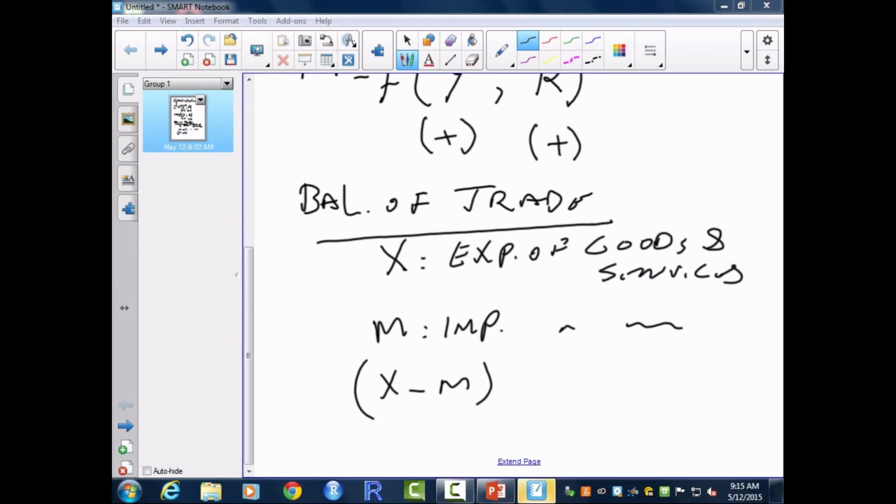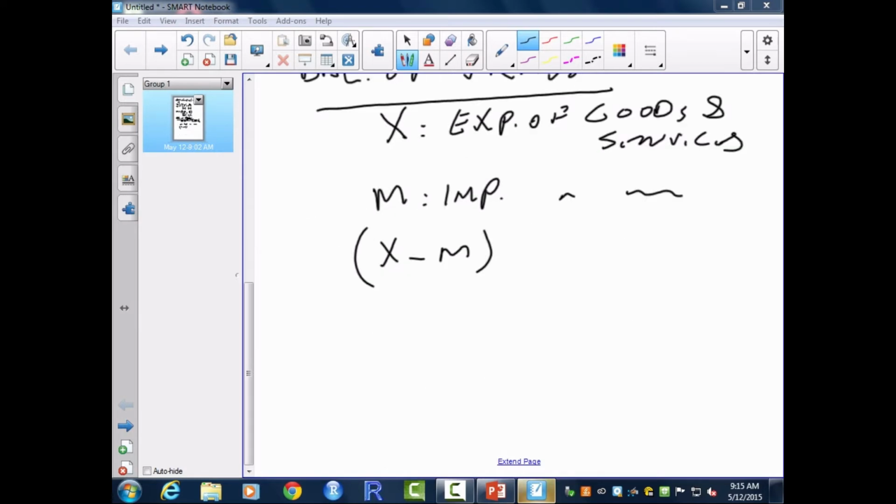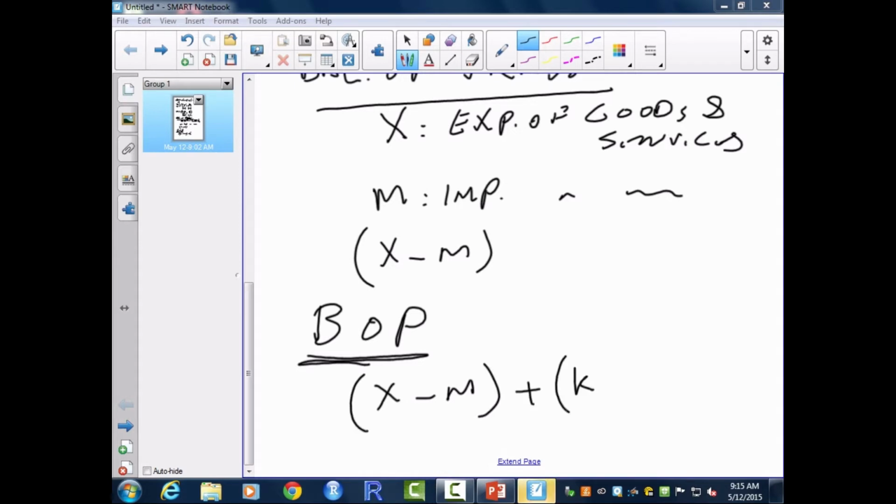Now, this balance of trade would be offset with inflow and outflow of capital. So when you look at the balance of payment table, which is basically an accounting form, you would have export minus import plus capital inflow minus capital outflow.